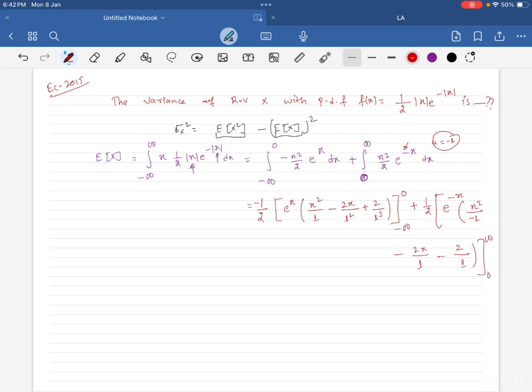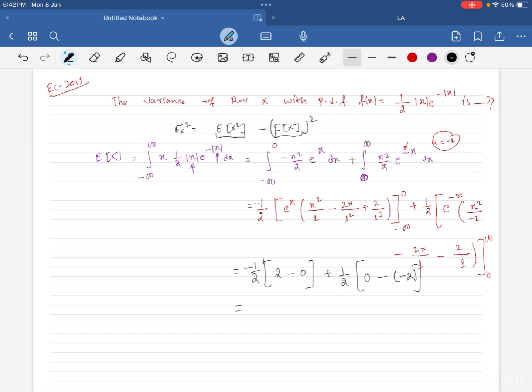Now put the limit. So minus 1 divided by 2, e to the power 0 is 1, and the whole thing inside is going to be 0, but we will be left with this 2, and e to the power minus infinity is already 0, right? Plus 1 divided by 2, e to the power minus infinity is 0, and 0 minus 2, right?